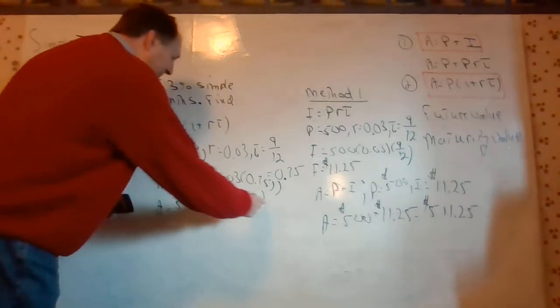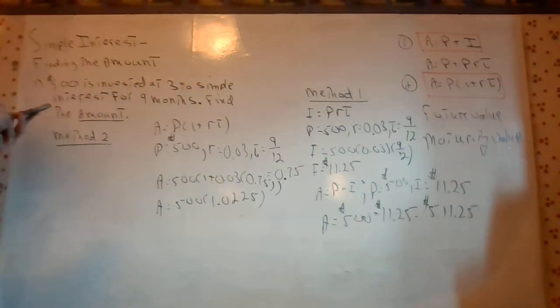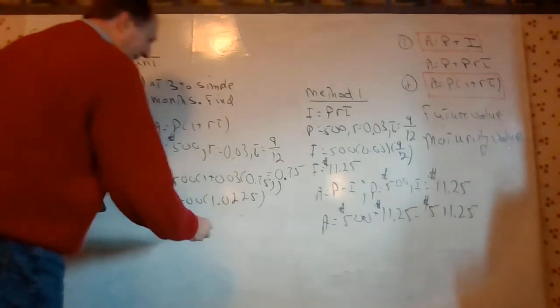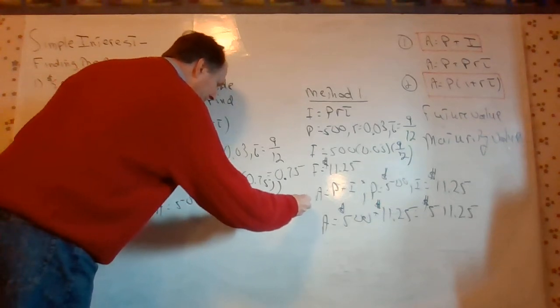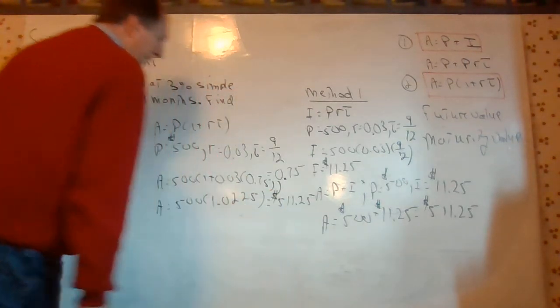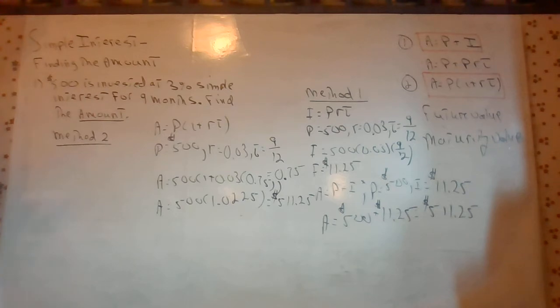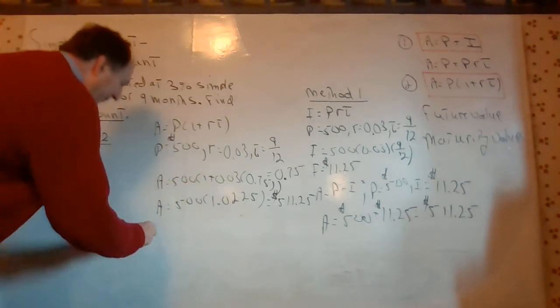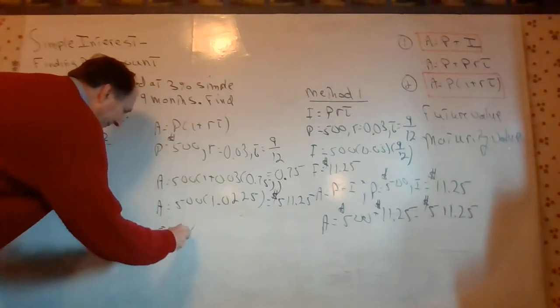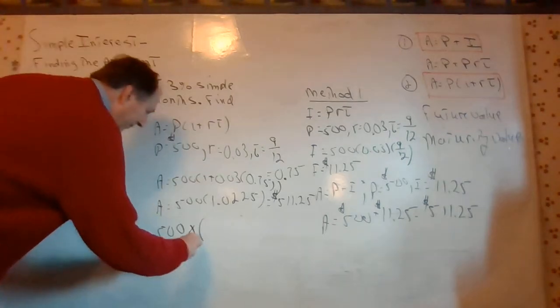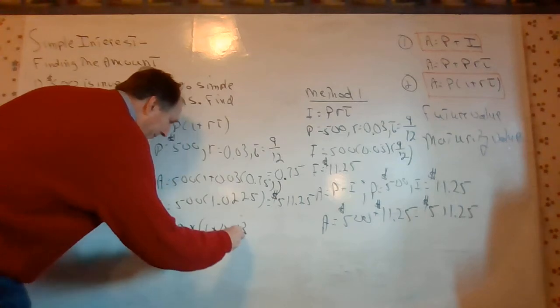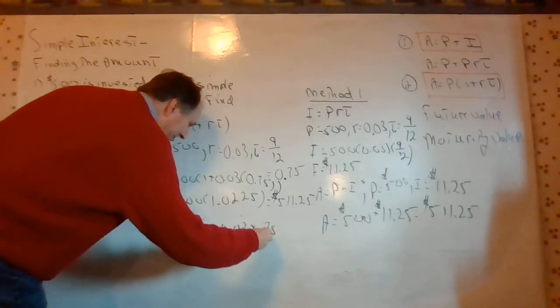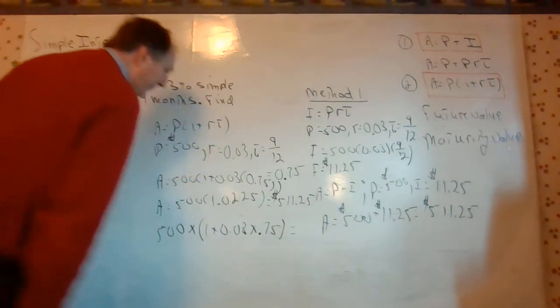And now we just do this one additional step, and we end up with 511.25. Surprise, surprise. You can do this evaluation all at once on a scientific calculator: 500 times parenthesis 1 plus 0.03 times 0.75 end parentheses equals.